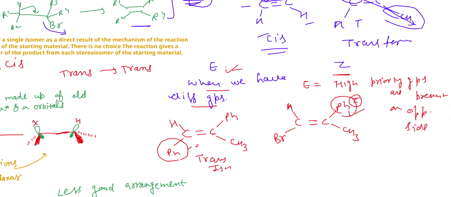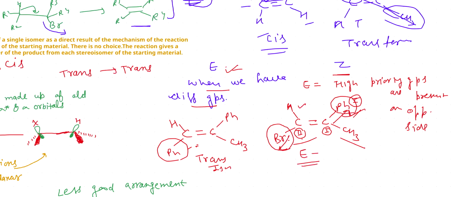This is carbon number 1 and this is carbon number 2. With carbon number 1, one phenyl group is attached, another one is a methyl group. And with carbon number 2, one is hydrogen and another one is bromine. So we will give the highest priority to bromine. So the highest priority groups in this molecule are present in opposite directions, so this molecule is assigned the E configuration.